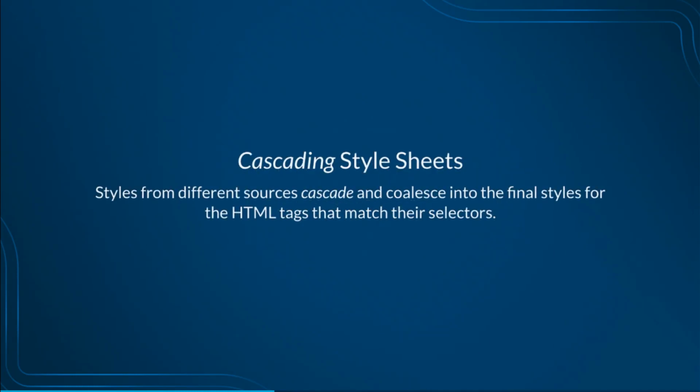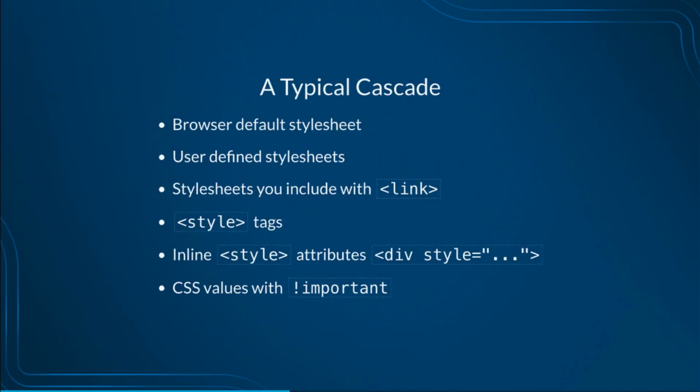And the browser takes all of these different styles that are defined in all these different places and figures out in what order they apply to a given element. So typically your web page is going to have default styles that the browser supplies. It's going to have styles that you define via external CSS files that you include with your page via a link tag.